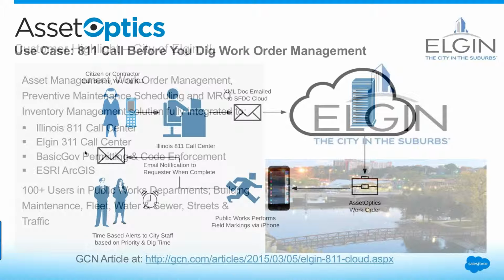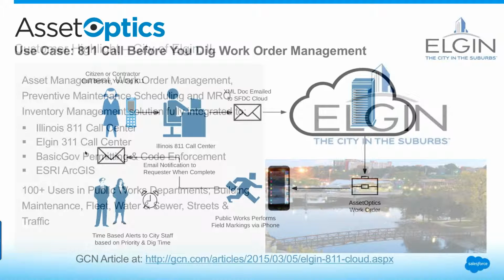In other words, you can update attributes of the GIS assets within the AssetOptics solution, and they update back into Esri as well as in the reverse order. It's a widespread deployment; the city of Elgin has a population of about 100,000.